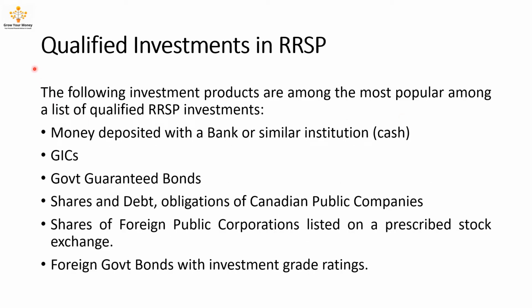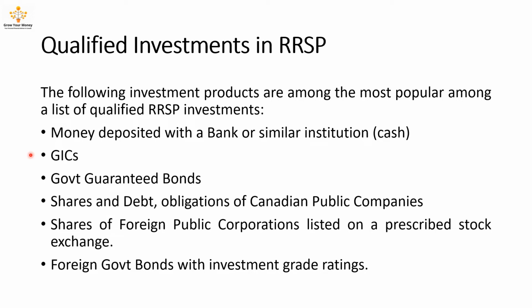So let us talk about what the qualified investments in RRSP are. The following investment products are among the most popular in a list of qualified RRSP investments. For example, money deposited with a bank or a similar institution, which could be in the form of cash.